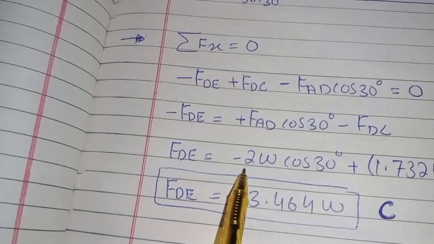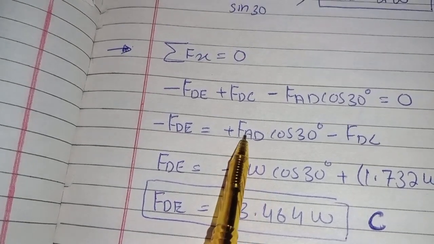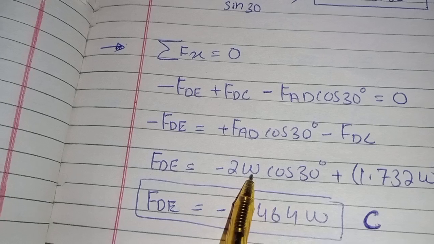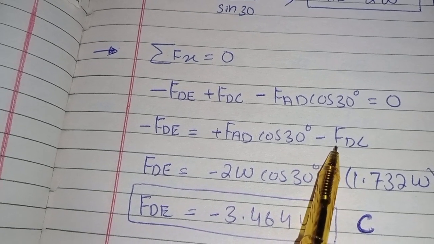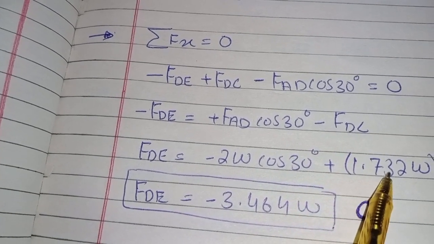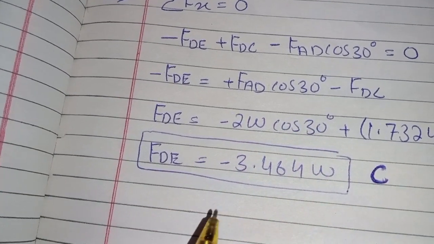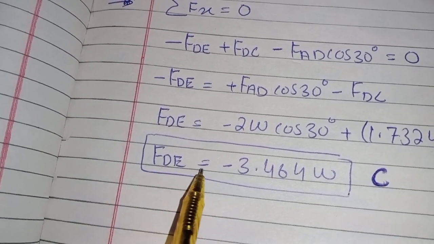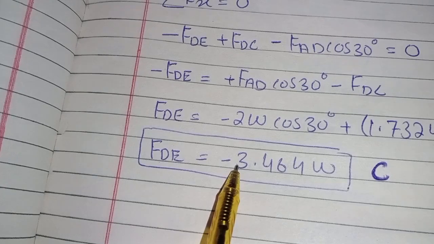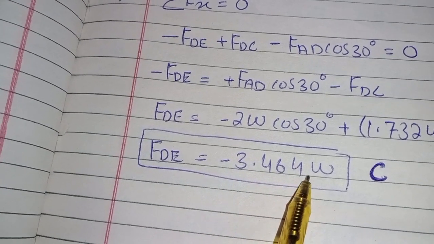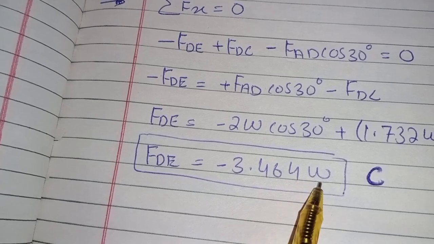So FDE will equal, I put in place of FAD 2W, and in place of FDC 1.732W. If you calculate all this with your calculator, you will get the answer of negative 3.464W.